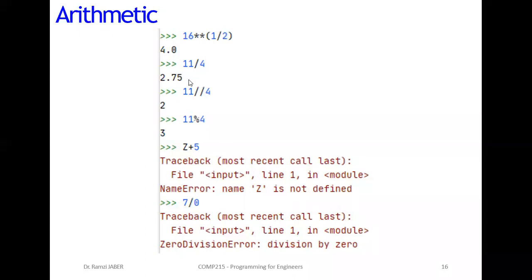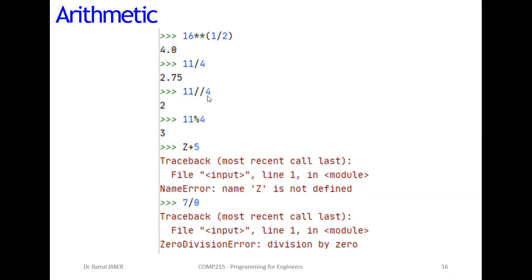That's why if you want something similar to C, C++, Java, to give you only the quotient part and forget the decimal part, we need to use double backslash, the floor division. So here, the floor division acts like a normal division in C, C++, Java. So 11 double slash 4 will be floor division, and the output will be only the integer part, or the quotient part, not the remainder.